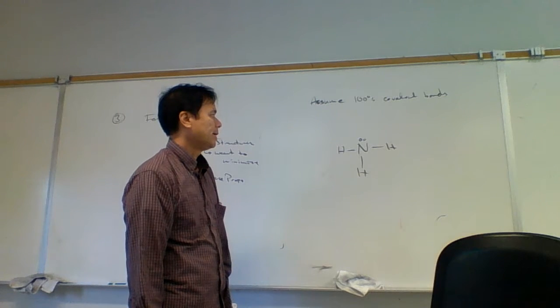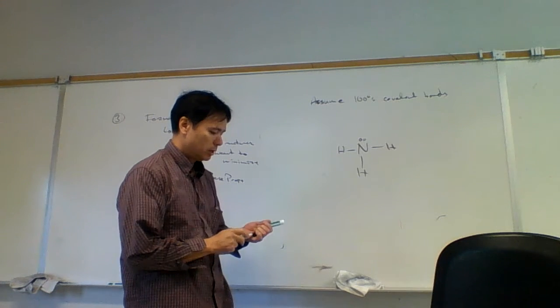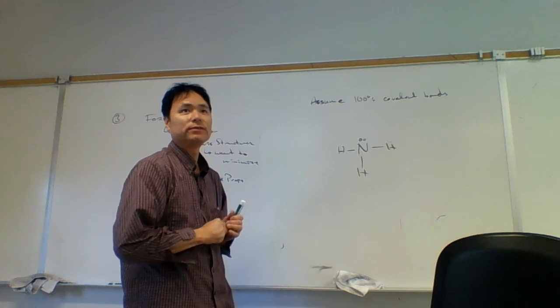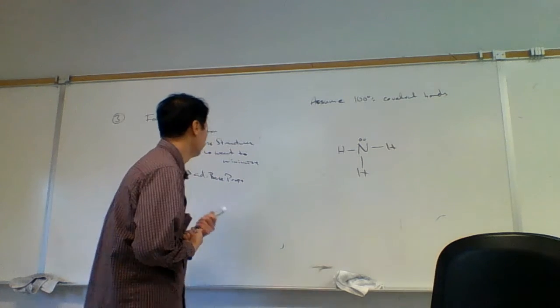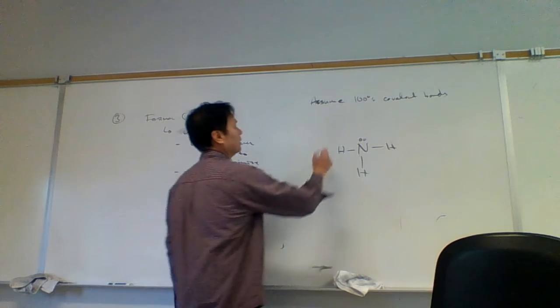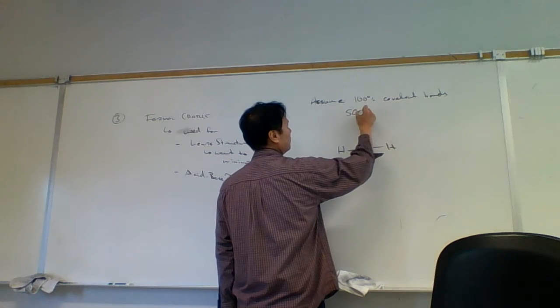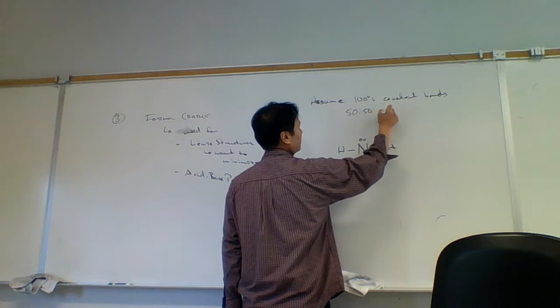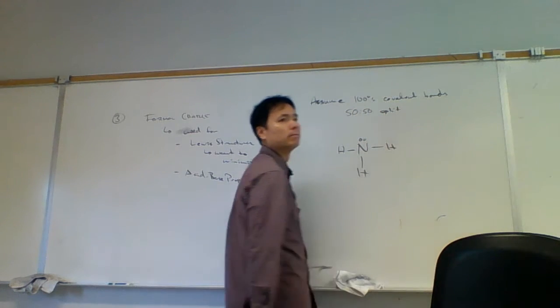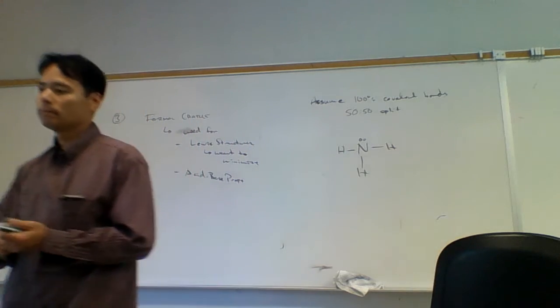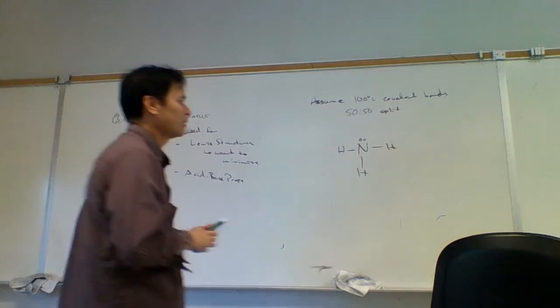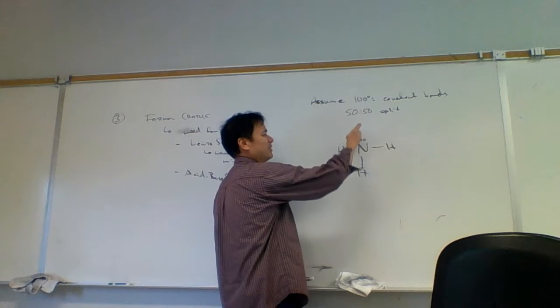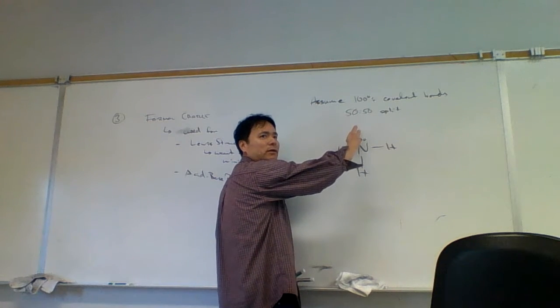Okay, and if we do 100% covalent, then it's 50-50 split. We call this 50-50 split. Not winner takes all, but 50-50 split. Well, a lone pair we don't have to split because a lone pair there's nothing there to split it with.